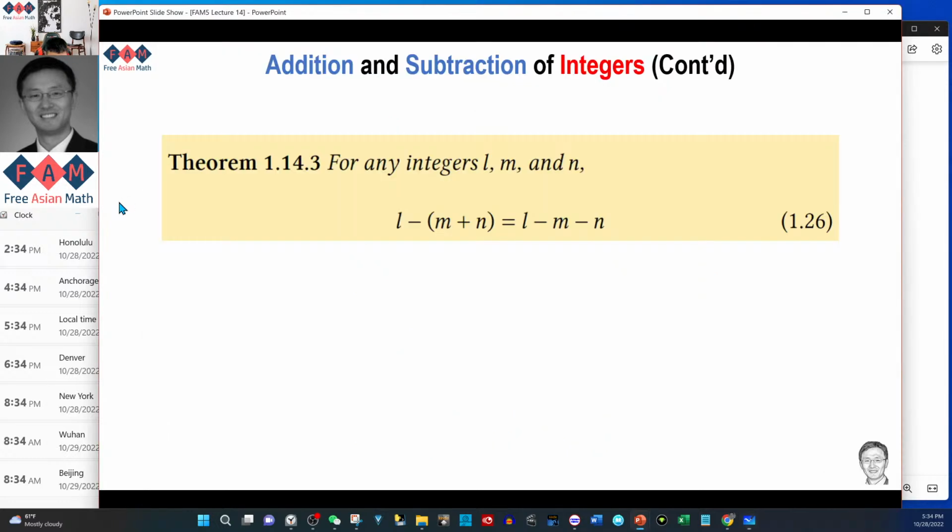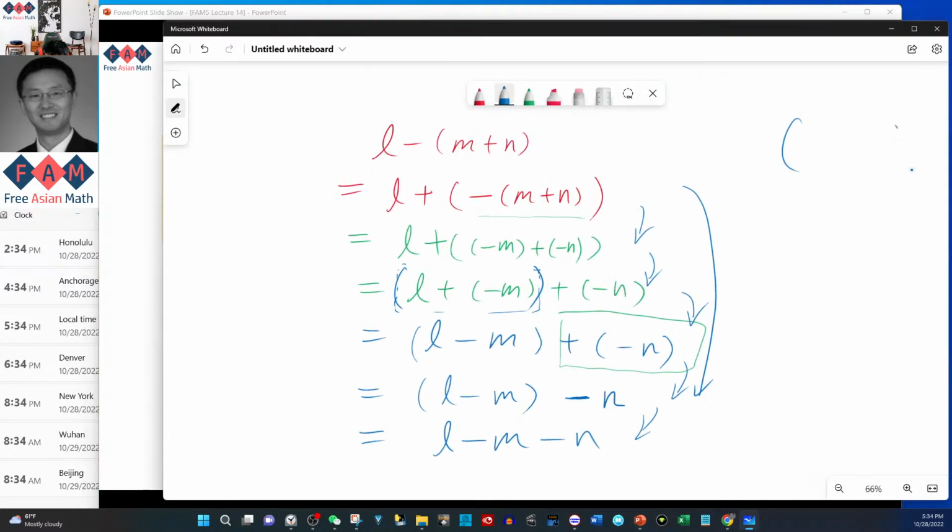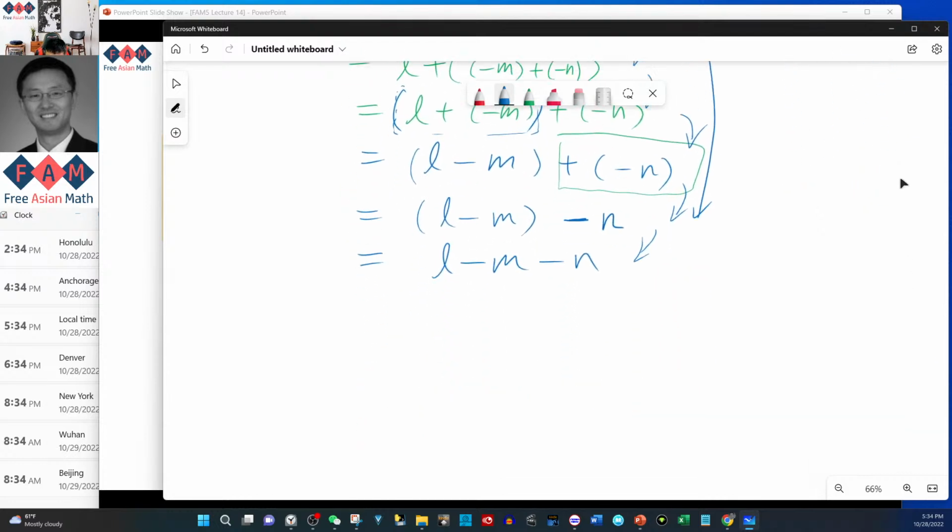Okay, so now with this theorem, you will ask exactly the same question you asked earlier. What if we don't have a plus inside that parenthesis? We have a subtraction inside that parenthesis. In other words, what is L minus (M minus N)?